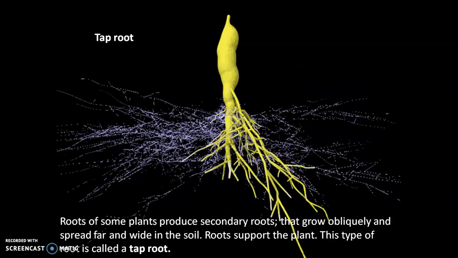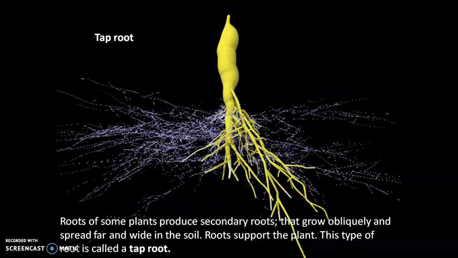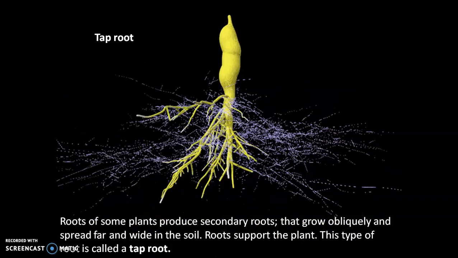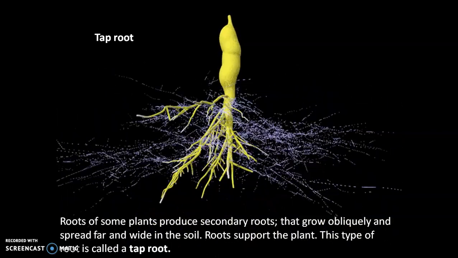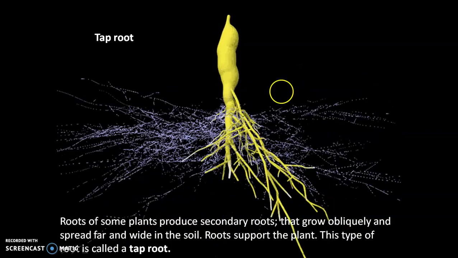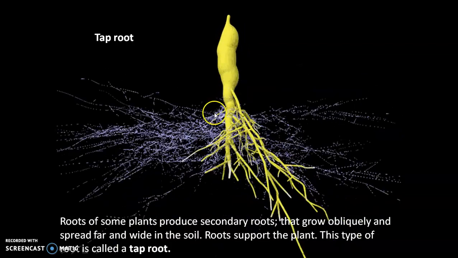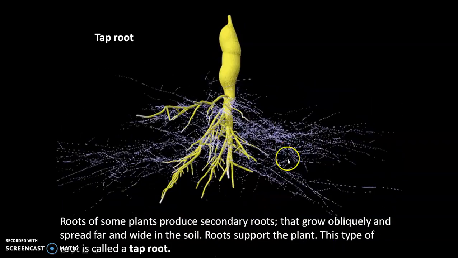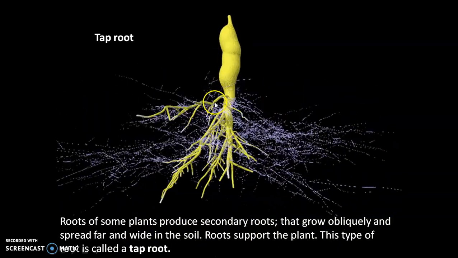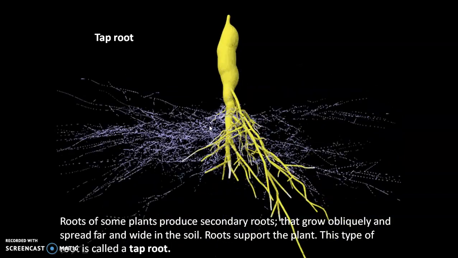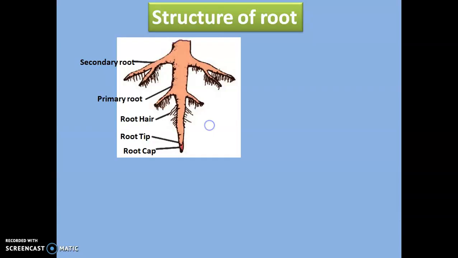Roots of some plants produce secondary roots that grow obliquely and spread far and wide in the soil. Roots support the plant. This type of root is called a taproot. Now please look at the diagram here. See here, this is the main root which is very thick, and then what you see here, the roots are becoming thin. So this is the primary root or the main root, and this is the secondary root. This type of root is called a taproot.